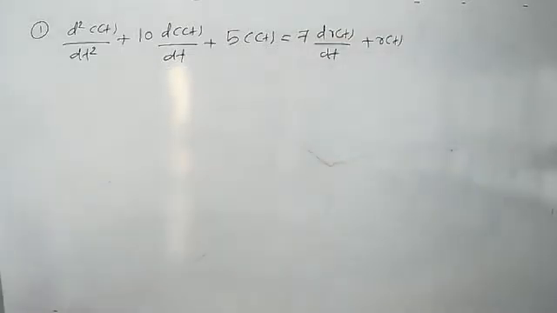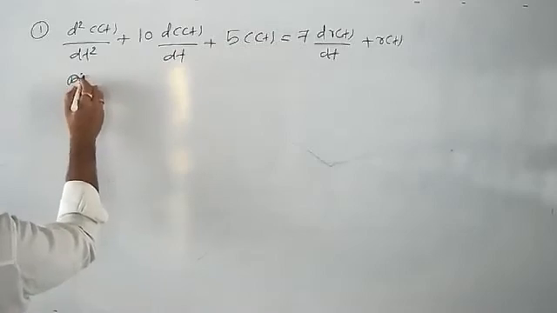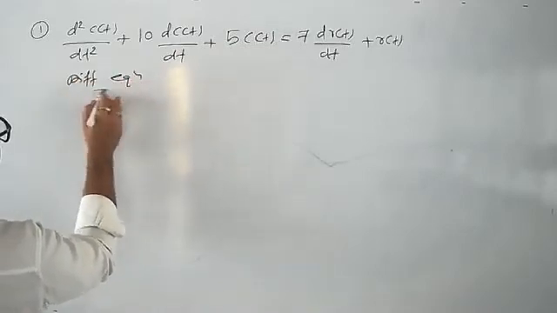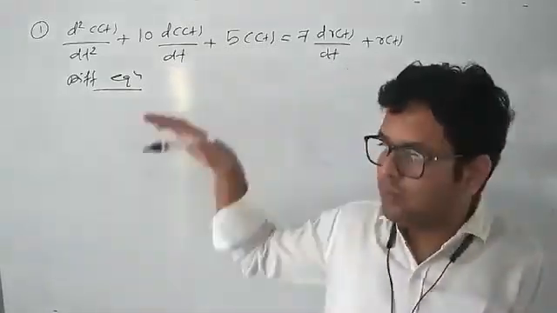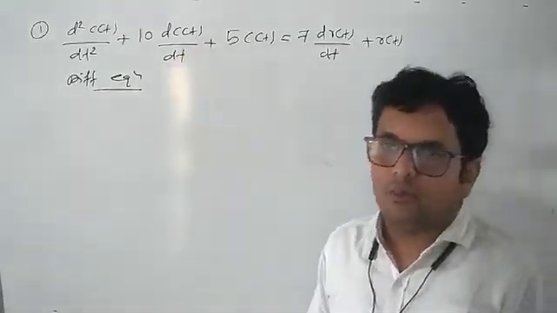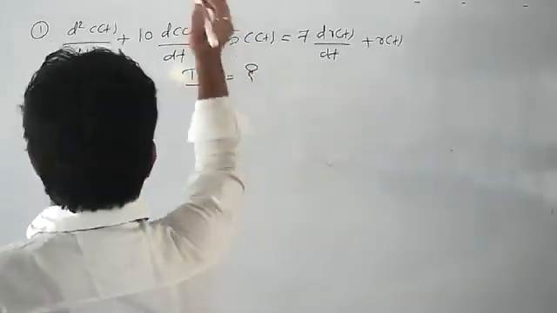So this is given to us. This indicates the mathematical modeling of a physical system represented in a differential equation. Some physical system has its mathematical modeling available in the form of a differential equation, and our objective is to find the transfer function of this particular system. This we have to find out.